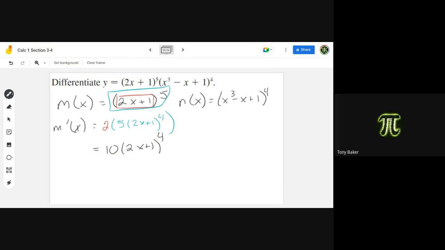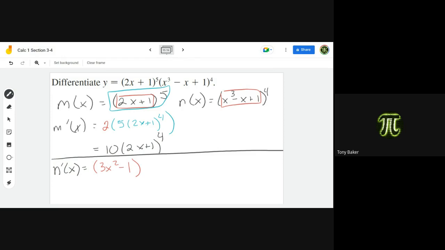All right. So that first one, the m prime of x is 10 times 2x plus 1 to the 4th power. All right. Now let's look at our n. So again, we're going to look at the inside. What's the derivative of x to the 3rd minus x plus 1? 3x squared minus 1. Period. That's it.